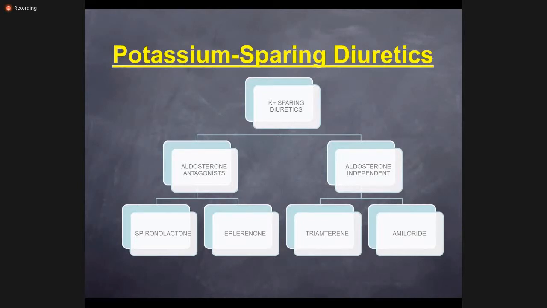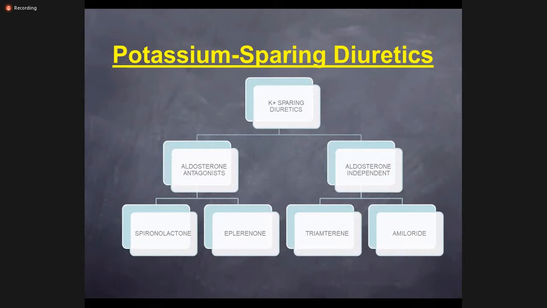So you can compare a segment where 25% sodium is reabsorbed, and in another segment 2 to 5%, so less amount of water is going to be excreted out, right?